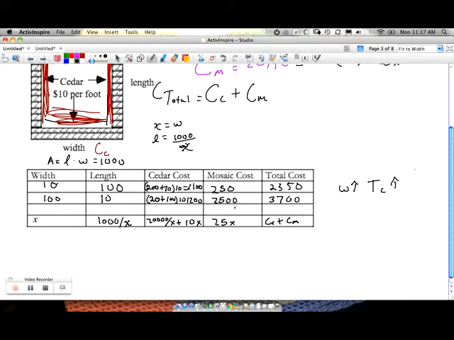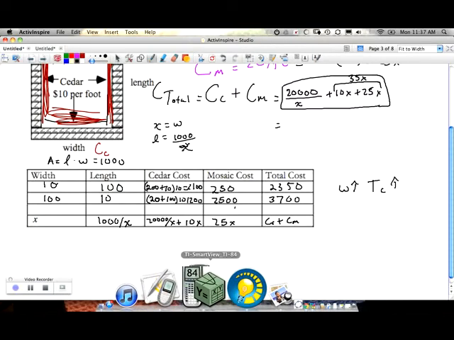We already calculated those. Let's go ahead and put this all together then. The total cost, if we put this in terms of x, is going to be 20,000 divided by x plus 10x plus 25x. This 10x and 25x we can combine and make 35x. Now I've got a function. I can optimize that one.